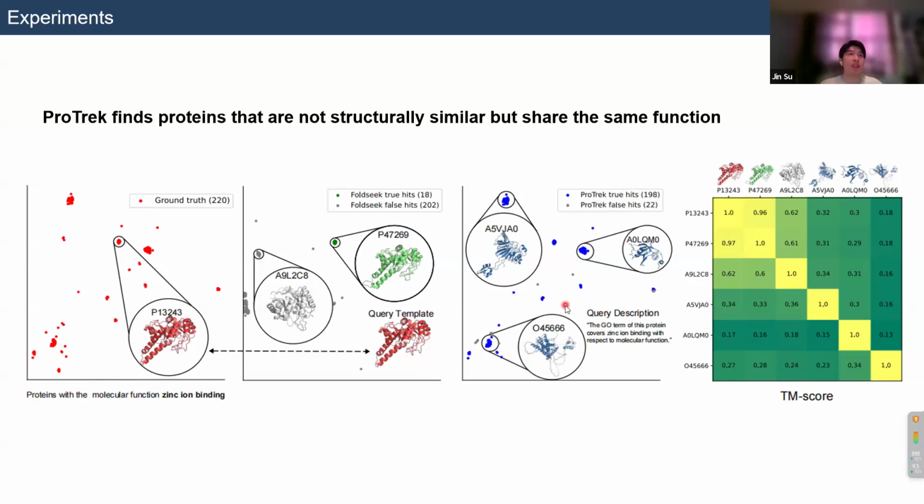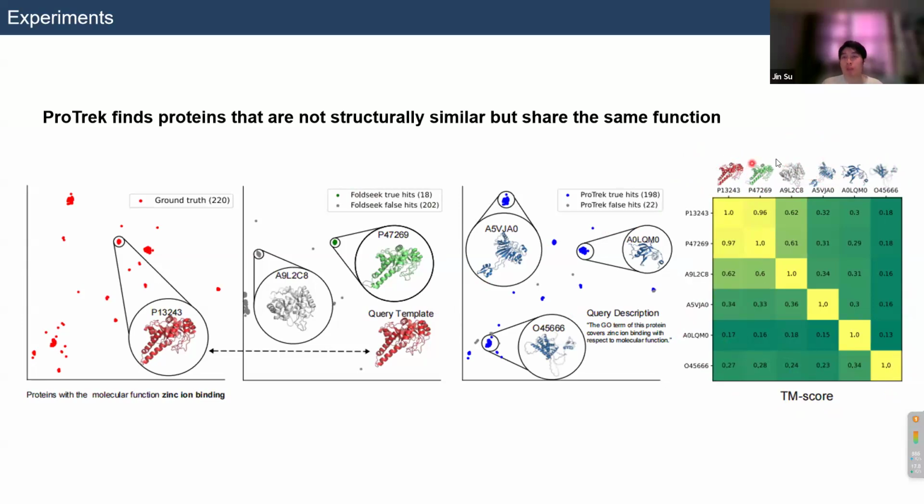To better illustrate this, we visualize some proteins found by Foldseek and ProTrek. You can see here we list those proteins and we calculate their TM scores. This is the query template, and these two proteins were found by Foldseek, and these three proteins colored blue were found by ProTrek.